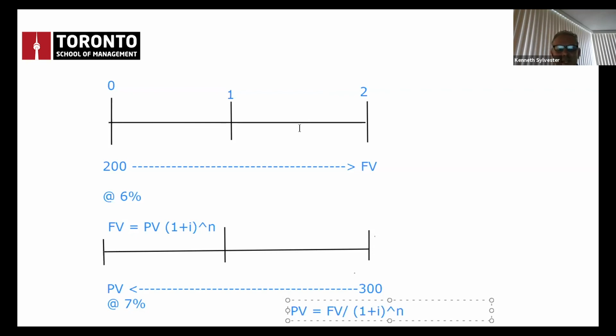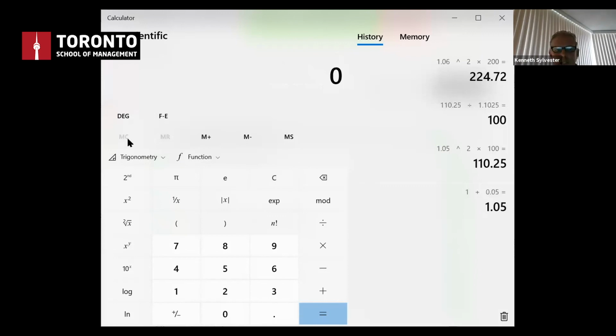Okay, so let me share with you my screen, and I'll take future value 300, 7%, 2 years. Watch what I do with my calculator. So clear it. I make sure the memory is clear. In this case, when we're going backwards in time, I have to calculate the denominator first. The denominator is 1.07 x to the y, 2.